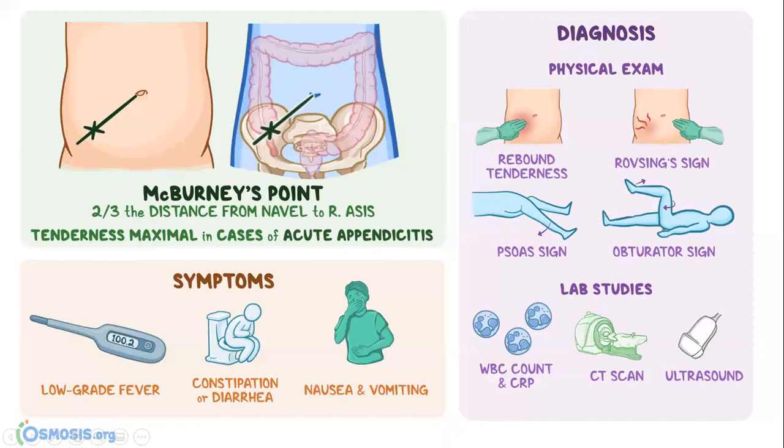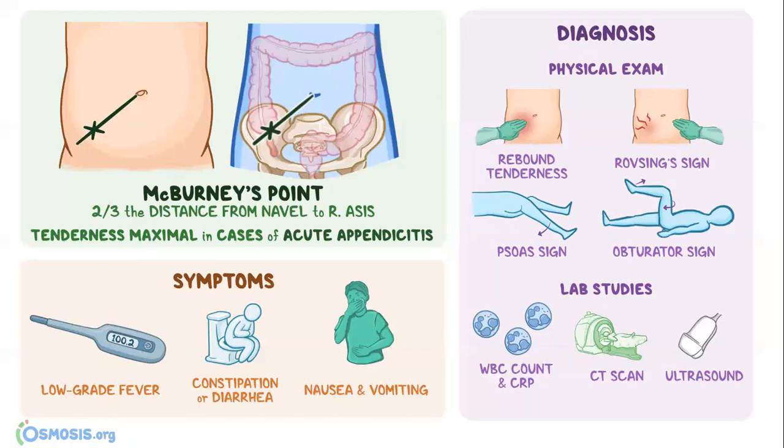The other signs of appendicitis: Rovsing's sign should be positive. So if the patient has a positive Rovsing's sign, he or she is suspected to have appendicitis.